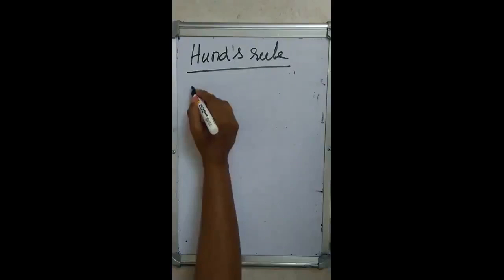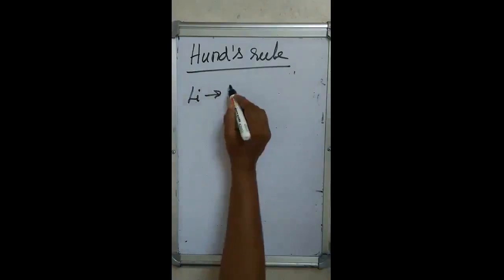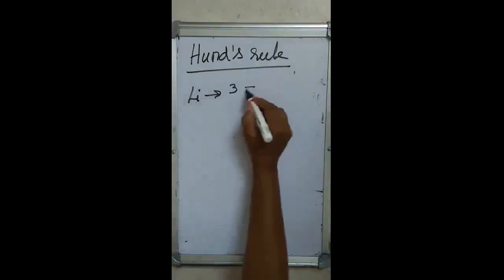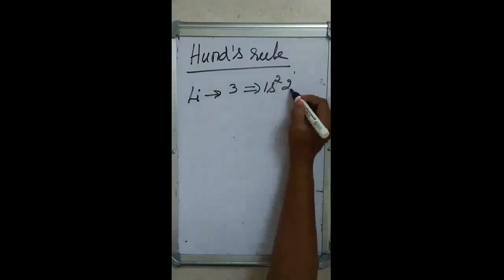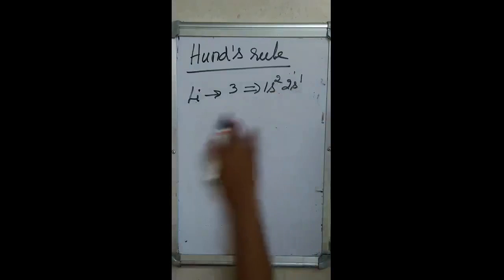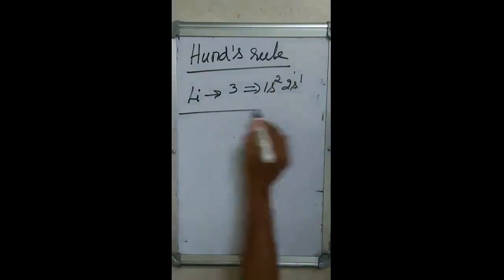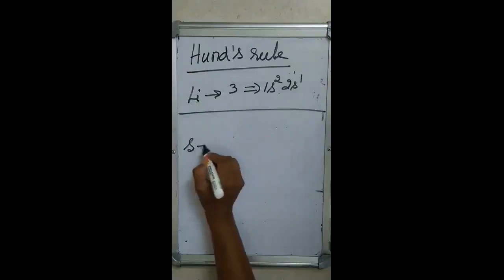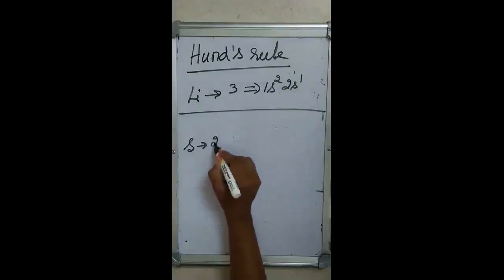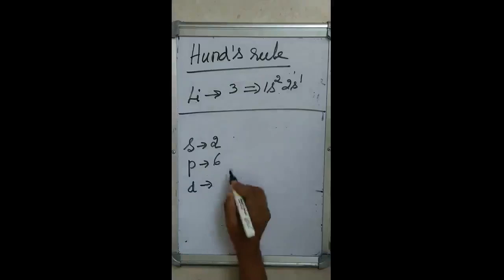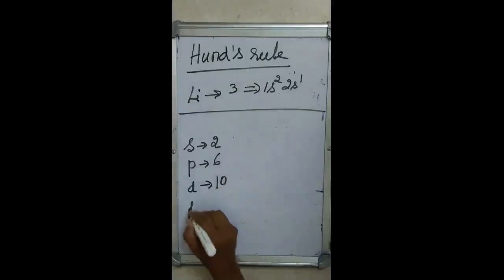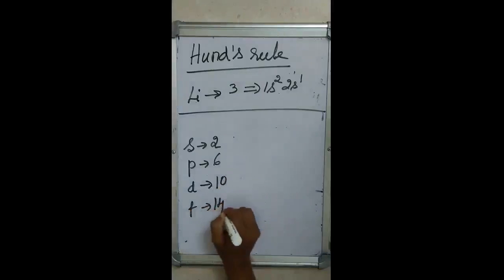First I will take lithium as an example. What is the atomic number of lithium? It is 3. So how to write? It is 1s2, 2s1. Before filling the electrons, I will tell you: the s orbital has a capacity to fill 2 electrons, p orbital 6 electrons, d orbital 10 electrons, and f orbital 14 electrons.